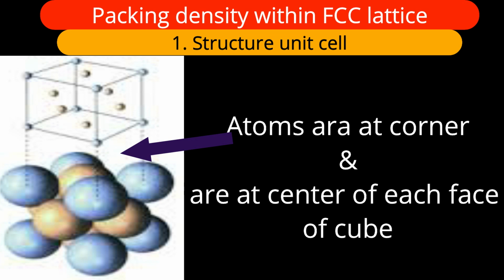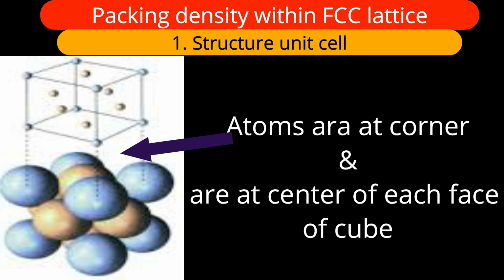Observe neatly which atoms are touching each other. Are blue atoms touching each other? No. One blue atom touches a yellow atom, which touches another blue atom. So along the face diagonal, the atoms are touching each other. Let us have this understanding from this diagram.